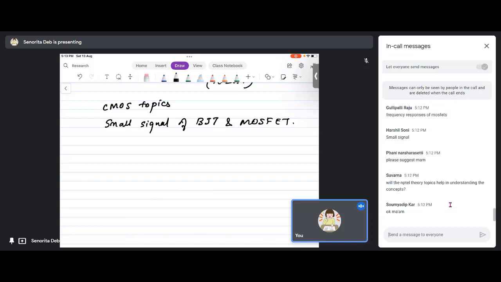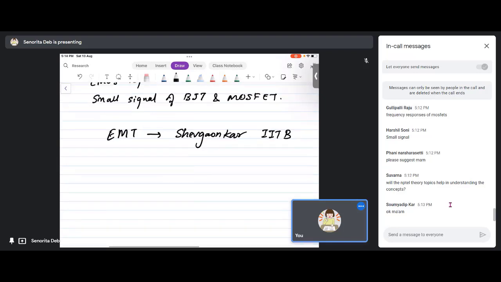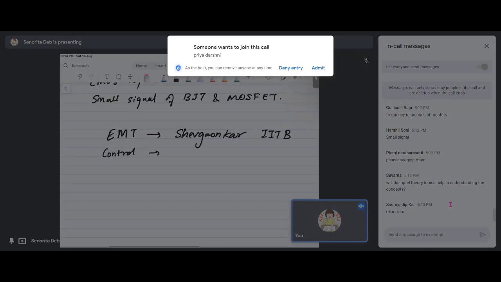Till this 1 week, for EMT you guys can take Shivgaonkar sir's lectures. Search Shivgaonkar sir's lectures from IIT Bombay. I prepared through this. And for control systems you can take Ramakrishna Pasamurthy sir's lectures.